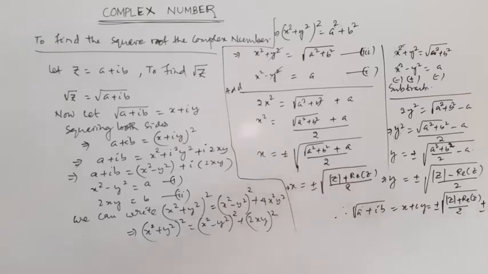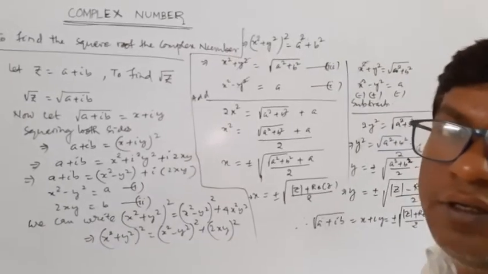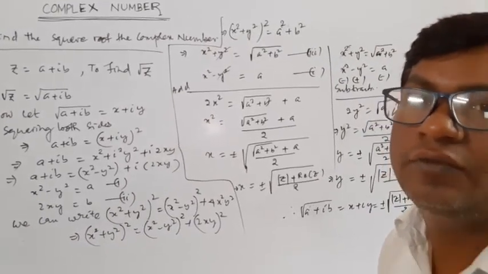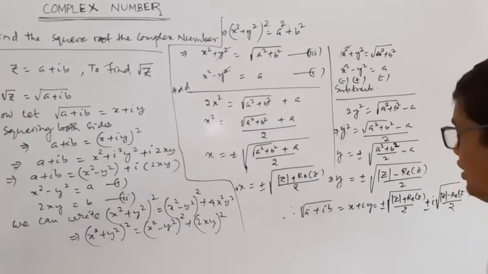This is the square root of z. But the sign is important here.